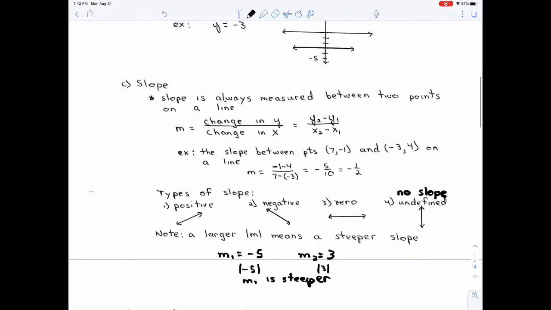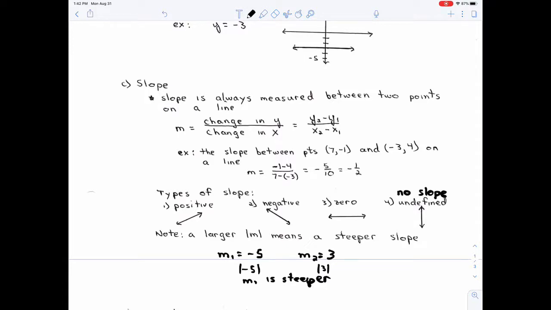Okay, up here, notice the points 7 comma negative 1 and negative 3 comma 4. Well, remember, what you do is you subtract the y-coordinate. So it's negative 1 minus 4. And why is it minus 4? Because the point had a y-coordinate of positive 4.